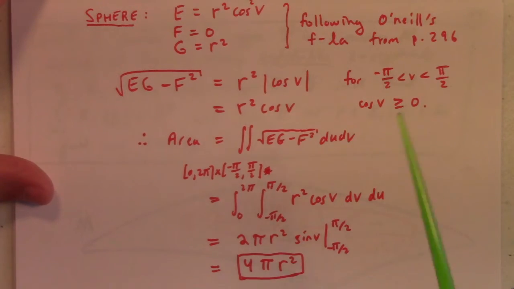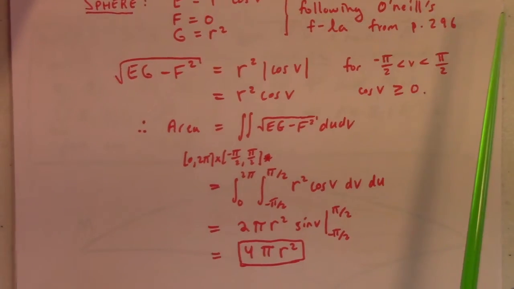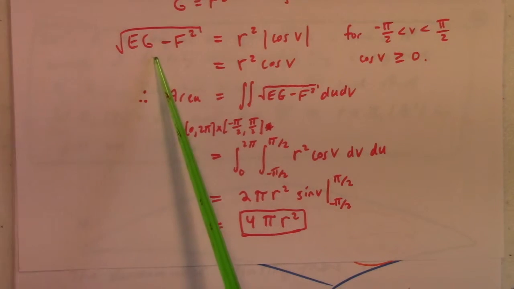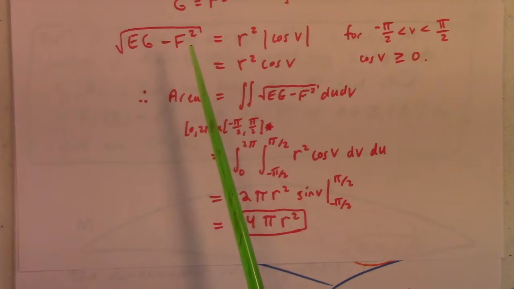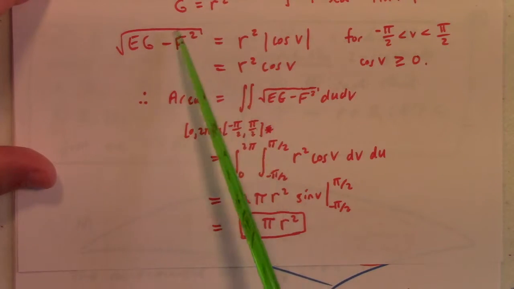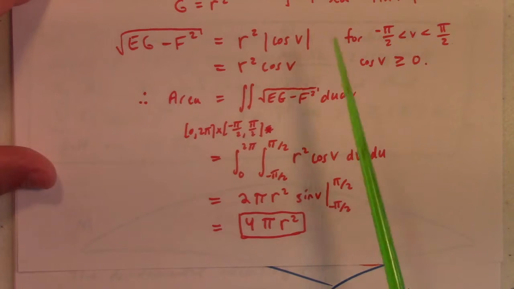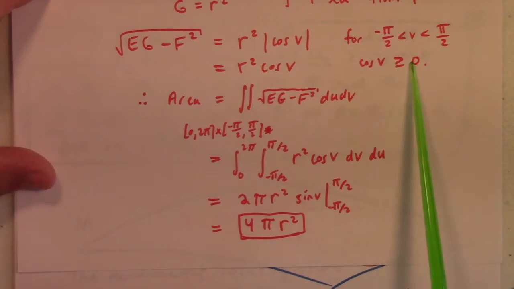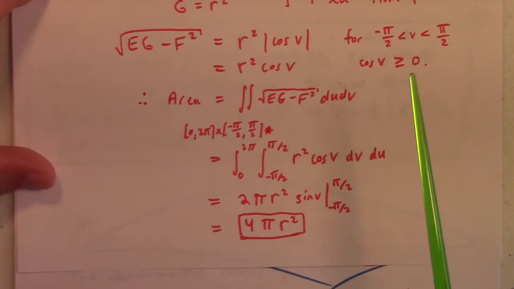Again, following O'Neill's formulas from page 296. So you calculate the W. I think, was this W or square root of W? I cannot remember. Maybe it's W. In any event, out pops r squared cosine v, because when we use v going from minus pi over 2 to pi over 2, cosine is non-negative there.